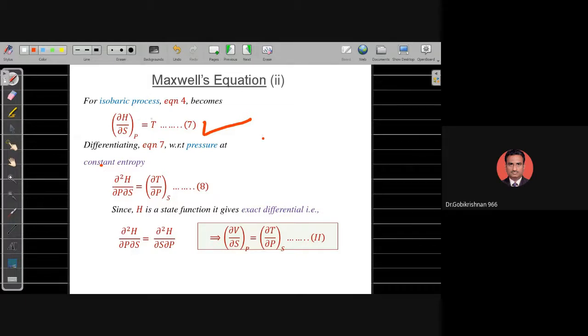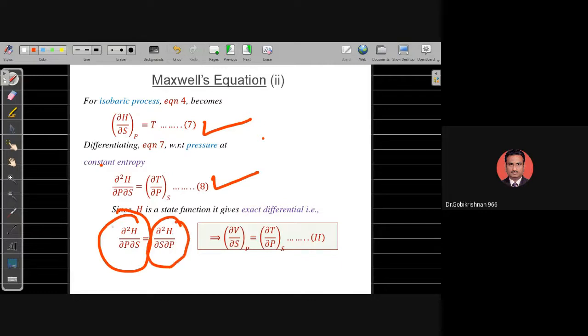Now I am going to differentiate equation number 7 with respect to P by keeping S constant. Ultimately, I got equation number 8. Then comparing equation numbers 6 and 8, dou square H divided by dou P dou S is equal to this thing.